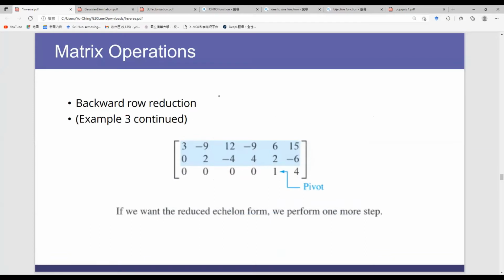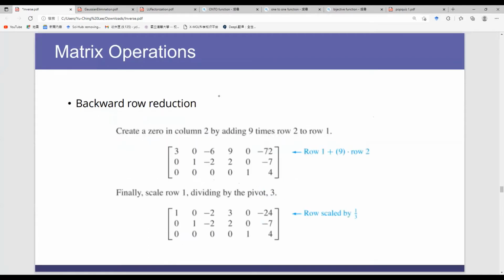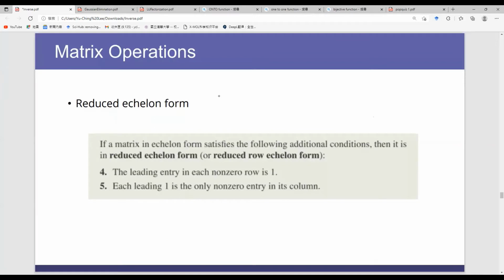And in order to find the reduced echelon form, we need a backward row reduction. And following this provided procedure, we are able to reach a reduced echelon form.